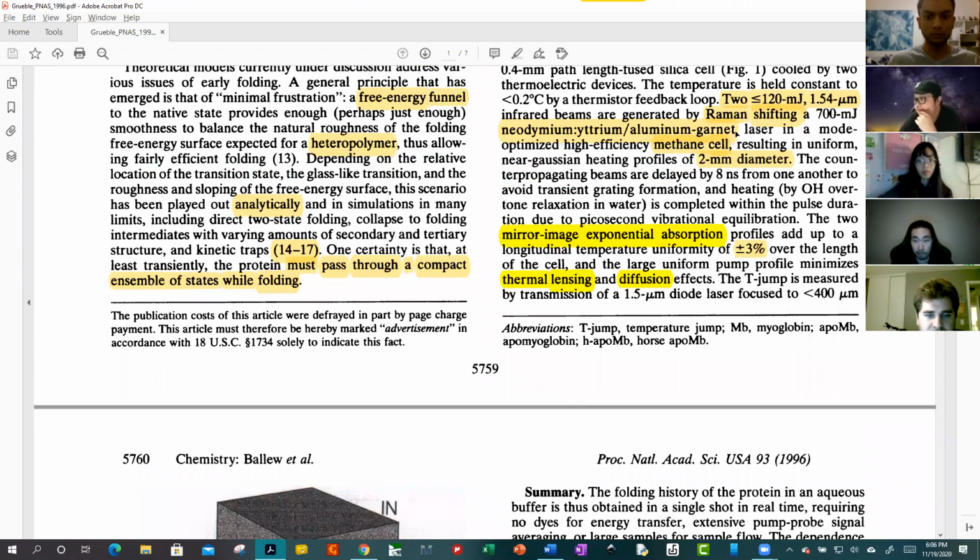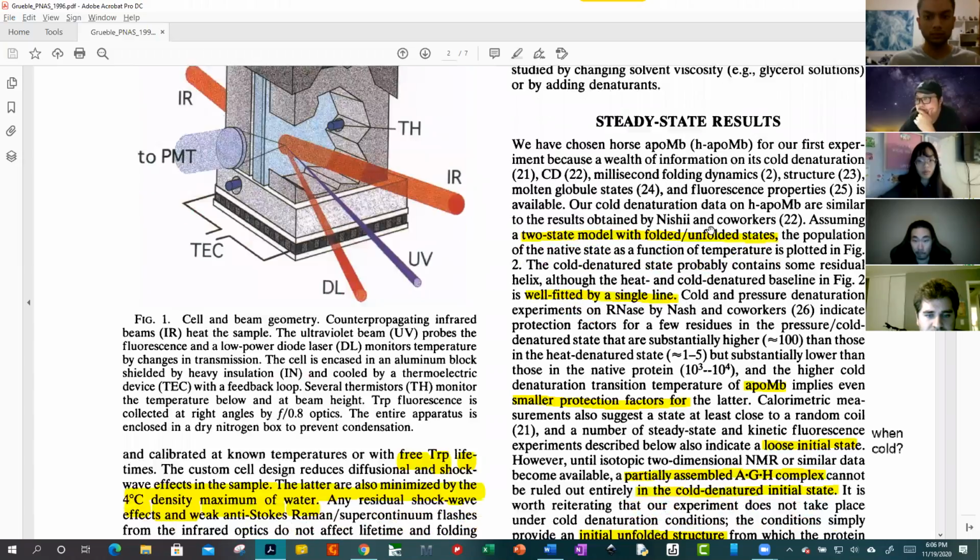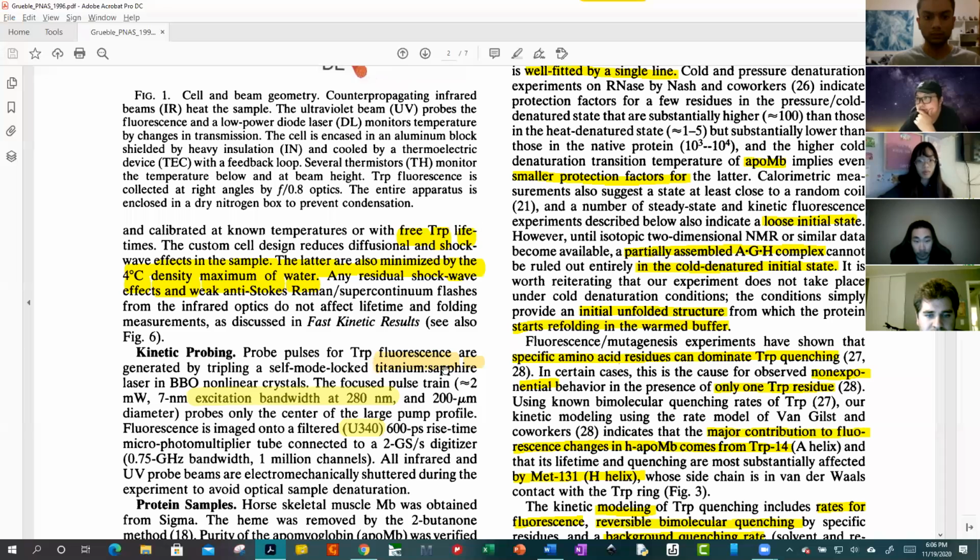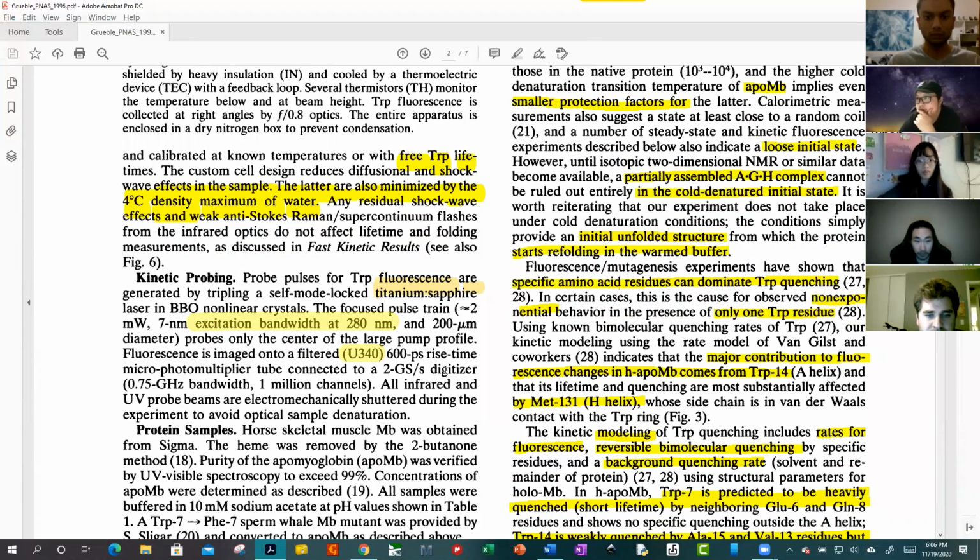This is the YAG description here, and for the excitation they used a titanium sapphire laser. Sapphire is aluminum oxide, and you can dope Al2O3 with titanium, and the titanium is probably substitutionally doped.